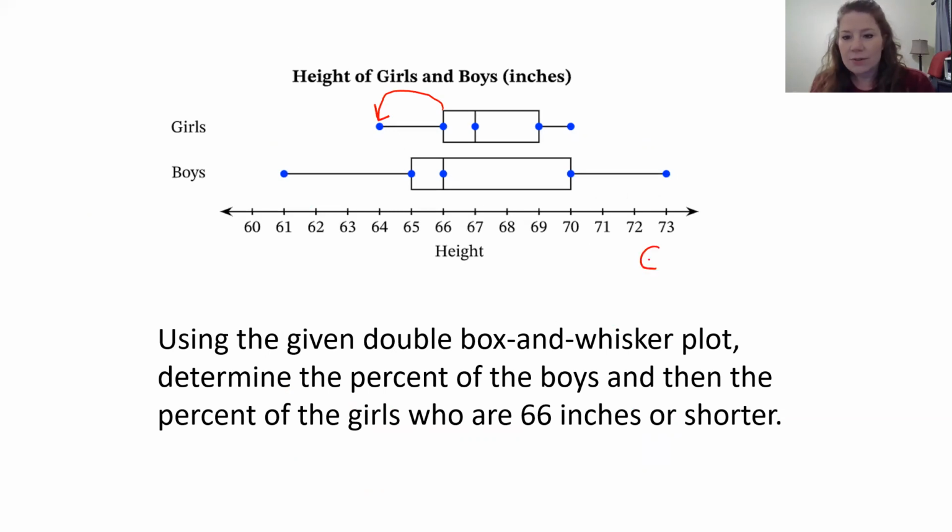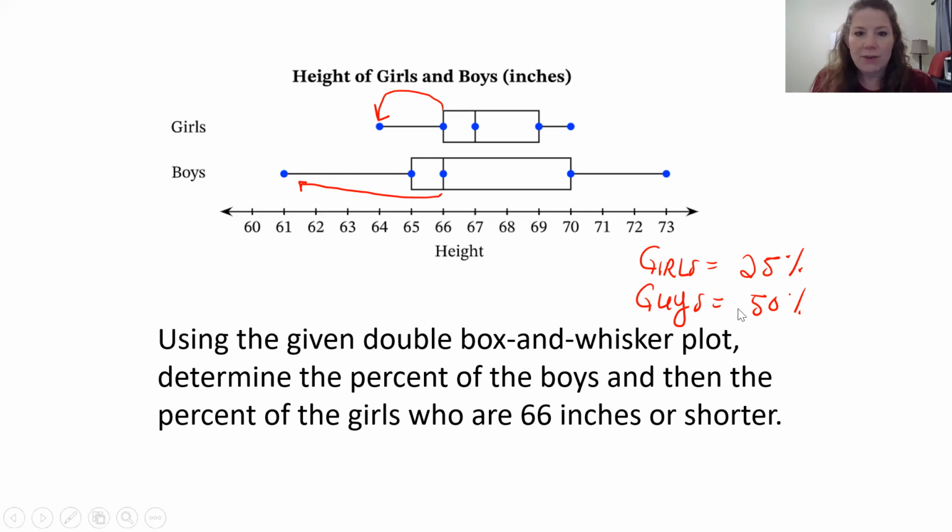So 25% of our girls are 66 inches or shorter. And for our guys, from here to here, this represents 25 plus 25. So 50%, half of our boys are 66 inches or shorter. Half of our guys, but only 25% of our girls.